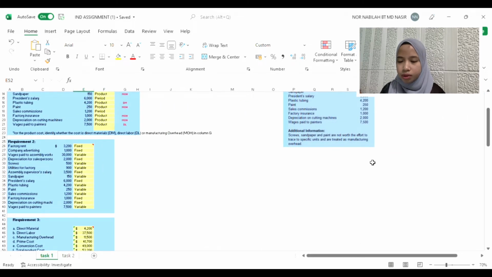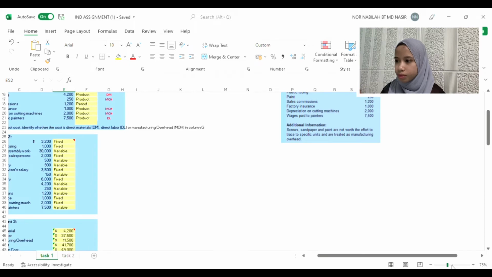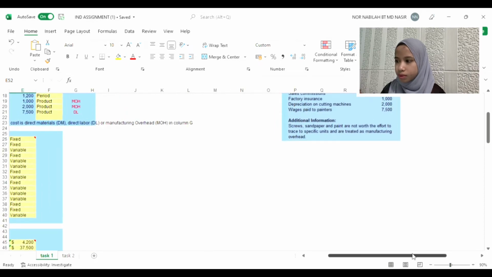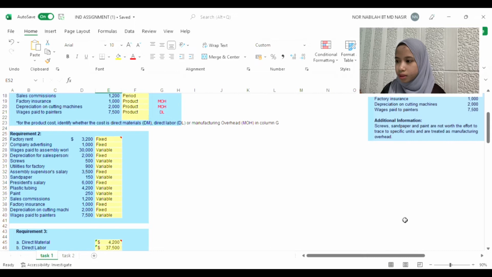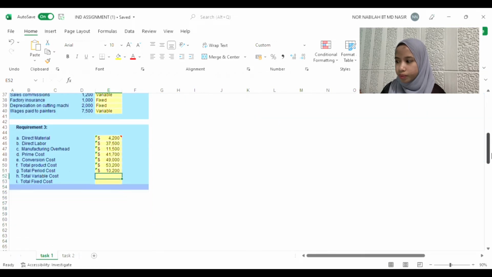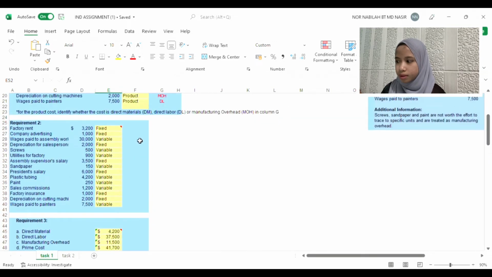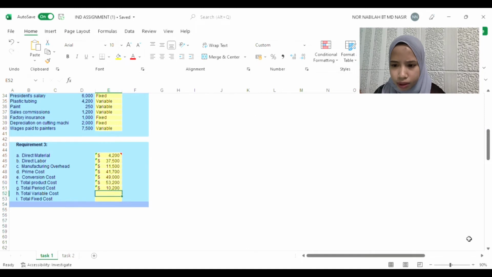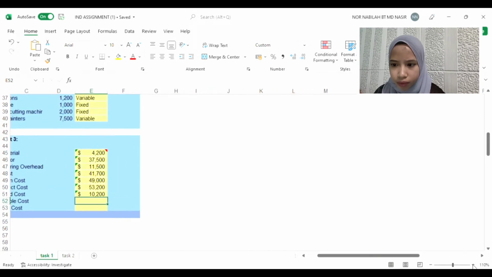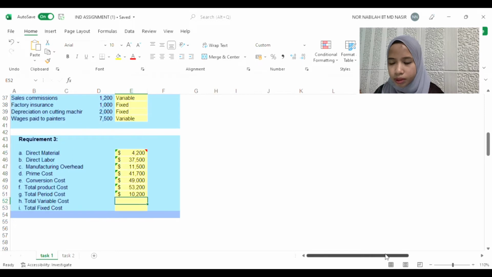Next, total variable cost. So we add all the variable costs: wages paid to assembly workers, screws, utilities for factory, and all the other variable costs.